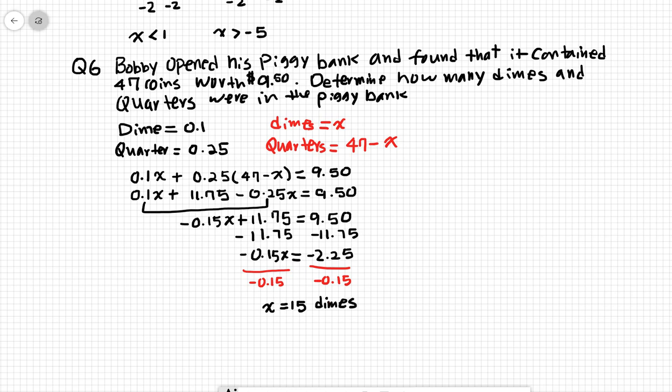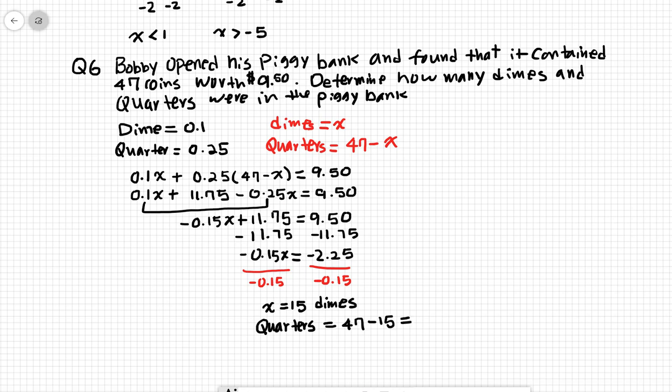Okay. So if we have 15 dimes, then you just subtract 15 from 47, and you should get the number of quarters, right? So the quarters is going to be equal to 47 minus 15.